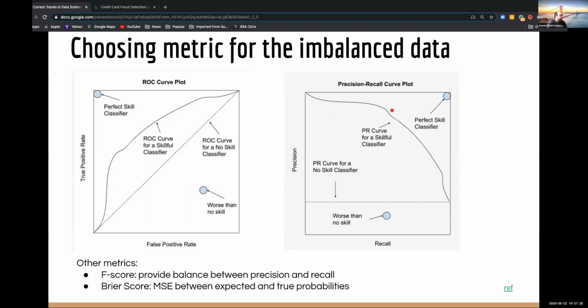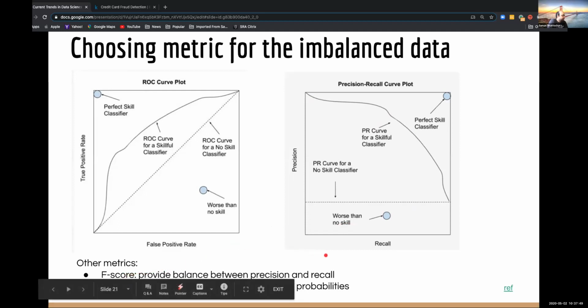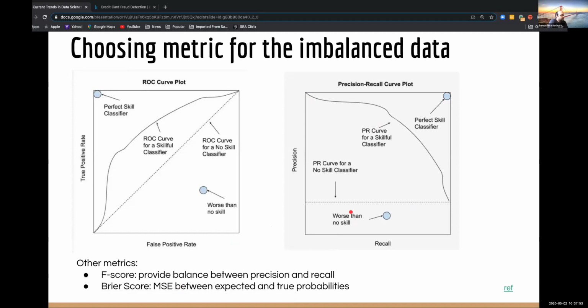Other than that, there are other scores we can look at, namely F-score, which provides a balance between precision and recall. One way to think about F-score is how do I translate this curve into one score so that I can compare. Another one to think about is Brier score, which is like the mean square error between the expected and true probabilities. So instead of looking at the labels, we are looking at the probabilities.